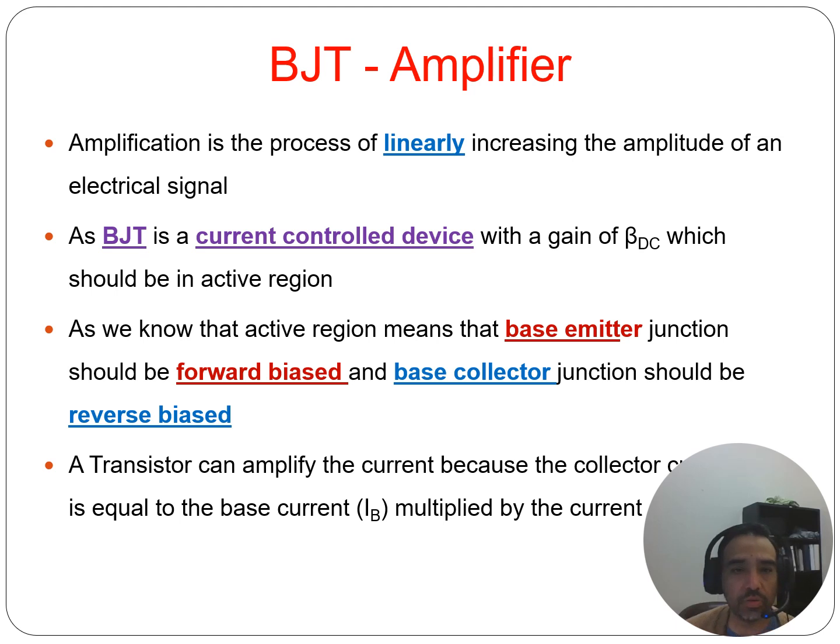All right, key terms that you need to know for BJT amplifiers. So those that are highlighted and underlined. A BJT is a current controlled device, base emitter forward biased, base collector reverse biased, just remember that. So what is a BJT used for? For linear amplification, right? So we always operate this in the linear portion.